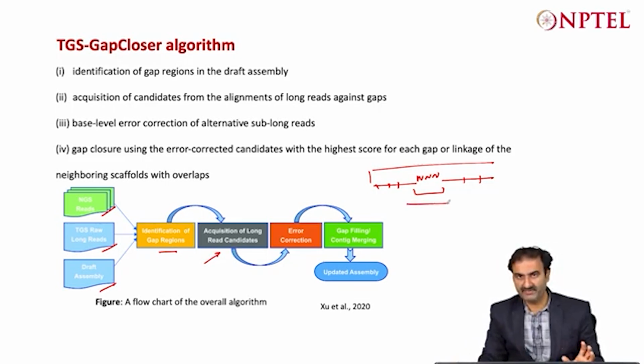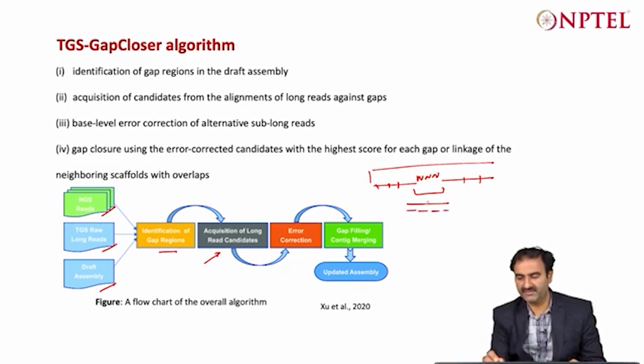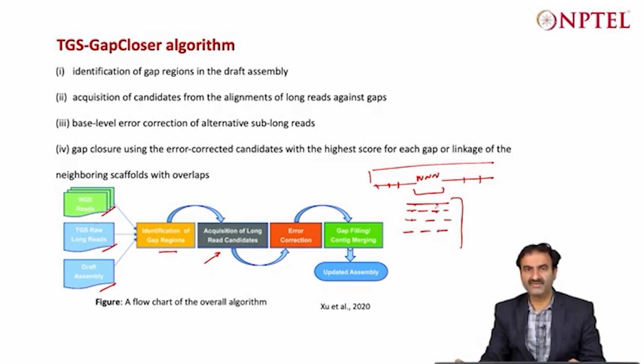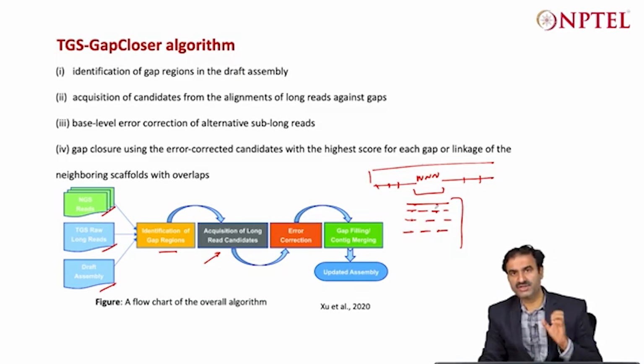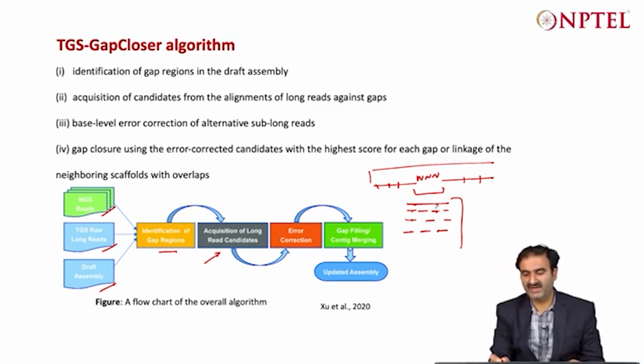Now that appropriate piece may contain errors, okay. So it does the error correction in that piece first using the short read data. If I map the short reads on this part, and there were some errors here and there, I can see what bases are present in the same location in the short reads, and I can get more confidence about that base pair, or accept or reject that erroneous base pair. So it does the error correction in the piece that should fit the gap, and then fits that piece in the gap and updates the assembly, okay.